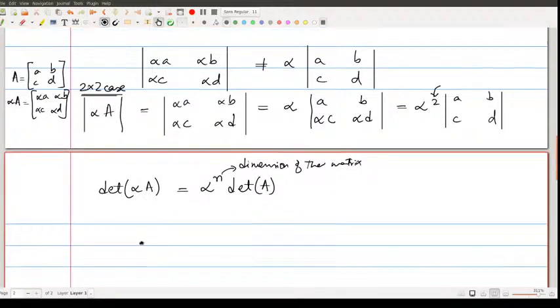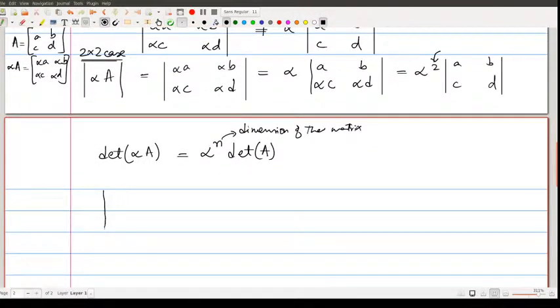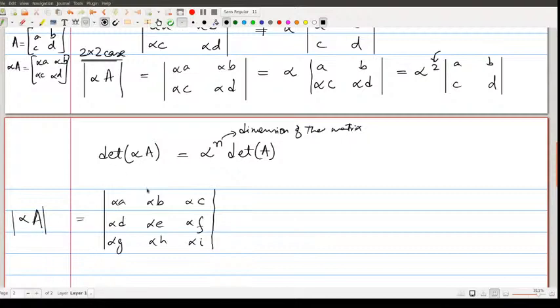So depending on that. For example, if we see it in 3 rows, if this was alpha A, alpha B, alpha C, alpha D, alpha E, alpha F, alpha G, alpha H, alpha I. If I want to find the determinant of this matrix, this is nothing but alpha times a 3 by 3 matrix, right? A scalar being multiplied with all of the entries.